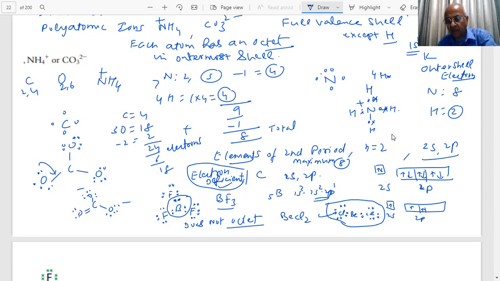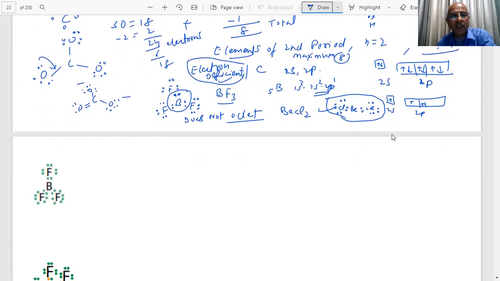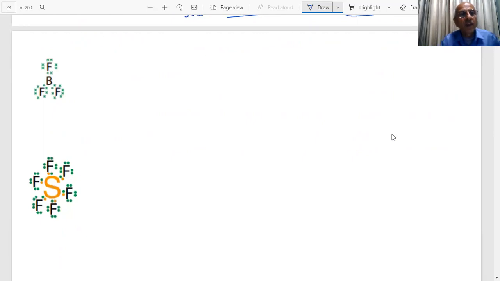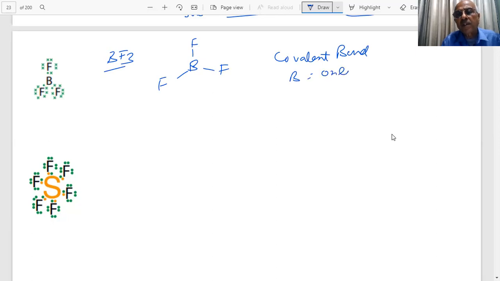These are examples of covalent bonding, students. What I am talking about is covalent bonding. What I have shown you, students, see the BF3, it is forming B. These are all examples of covalent bonding, and boron has only 6 electrons in the outer shell.